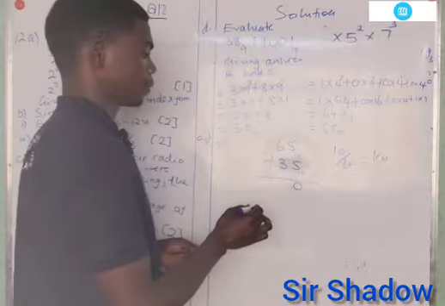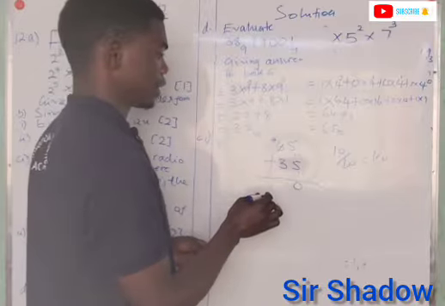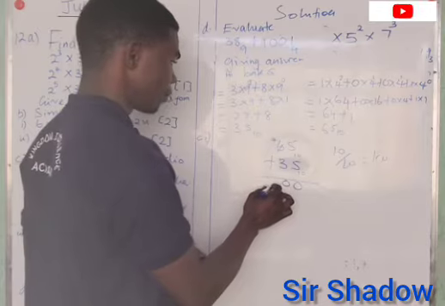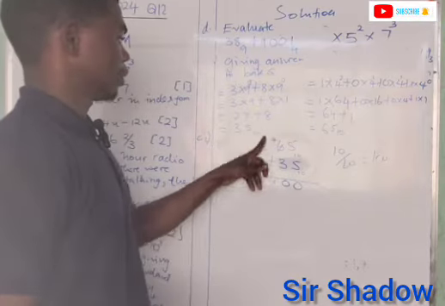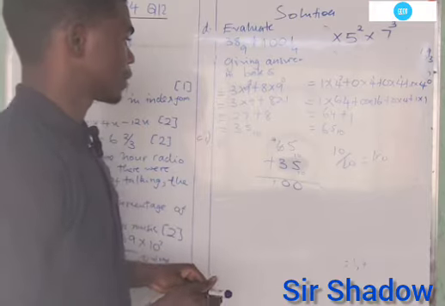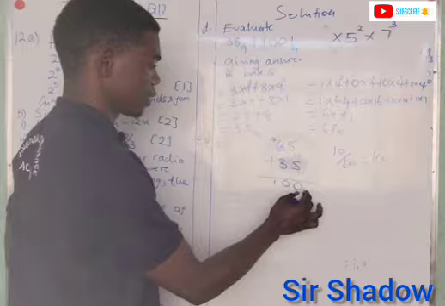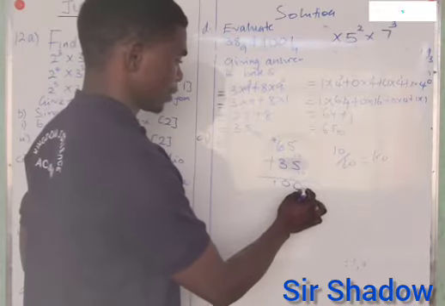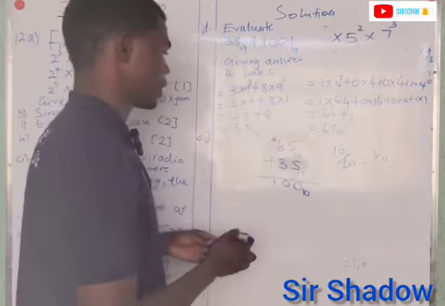Then 6 plus 3 plus the carried 1 is 10, divided by 10, 1 remainder 0. So it becomes 100 base 10, right?